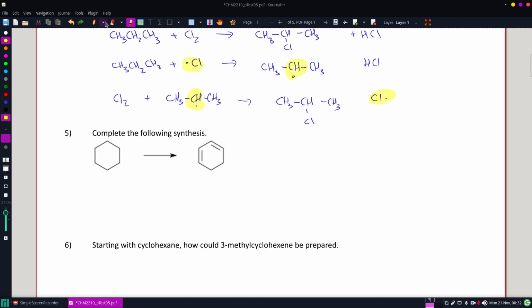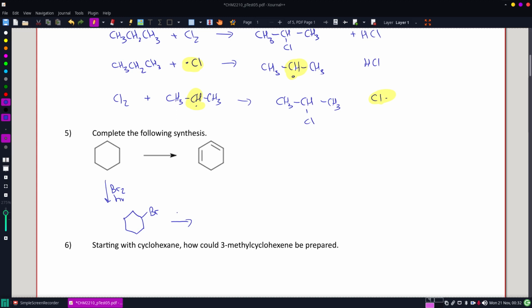Alright, number 5. I have an alkane and I need to substitute stuff on it. So I know my very first step, I'm just going to take something like bromine or chlorine and substitute a bromine or chlorine onto that. And I want to do alkenes, so I'm going to do an elimination.